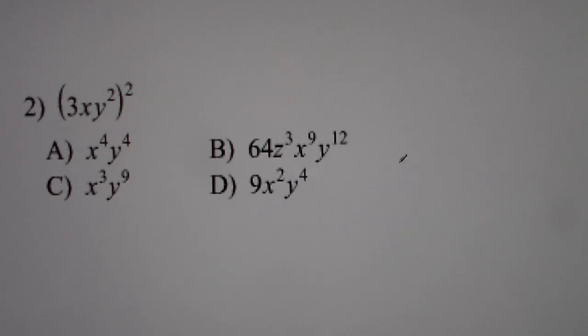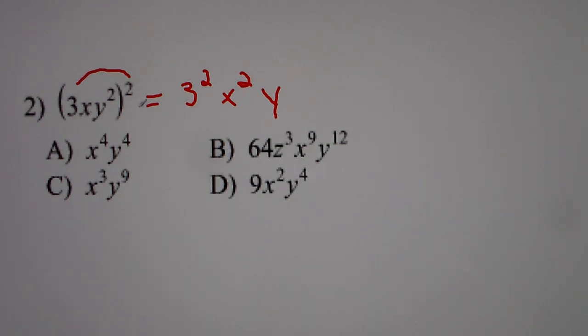Of course, we're going to practice more. So we have 3x y squared, and the entire thing is squared. So let's rewrite it to make it a little bit bigger so it's a little bit easier for us to understand. So that squared gets applied to all of them. So 3 squared. Then we have an x squared. And then our y is a little bit different from our first problem. This is y squared squared.